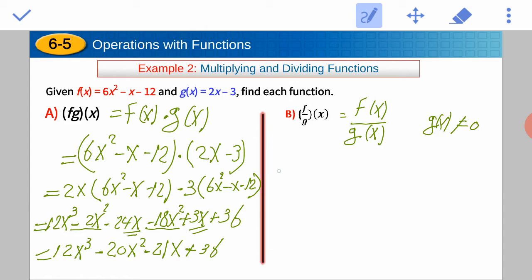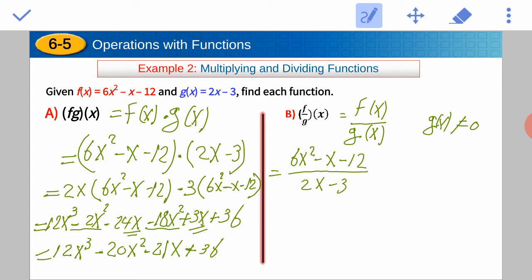Now guys, substitution. Let's get started with f of x on the top. We have 6x squared minus x minus 12. g of x down in the denominator, 2x minus 3. How do I find the domain of that function?